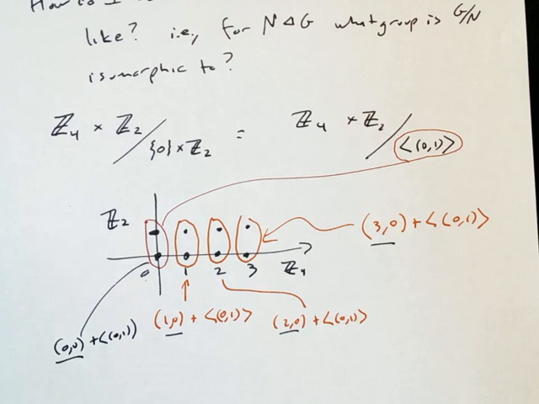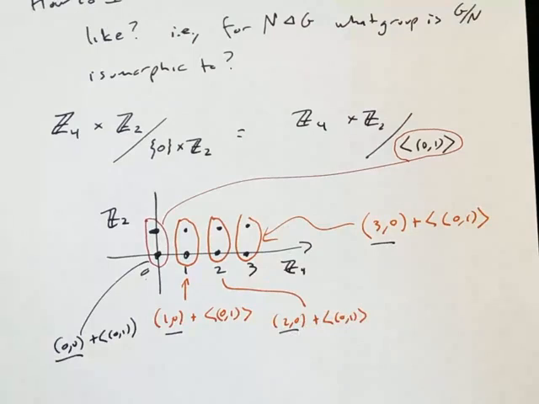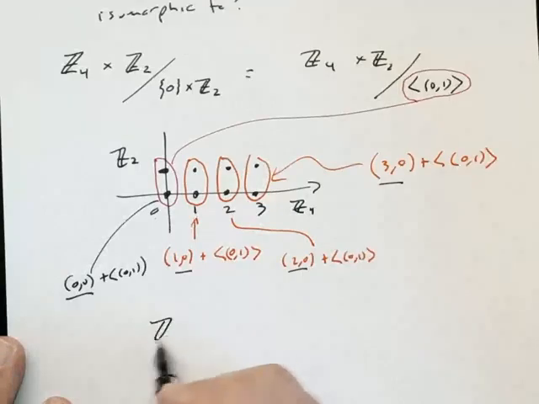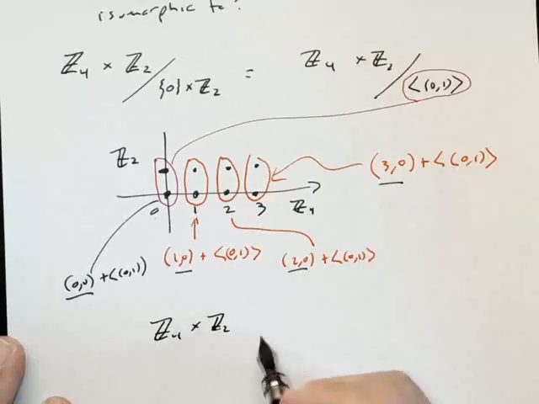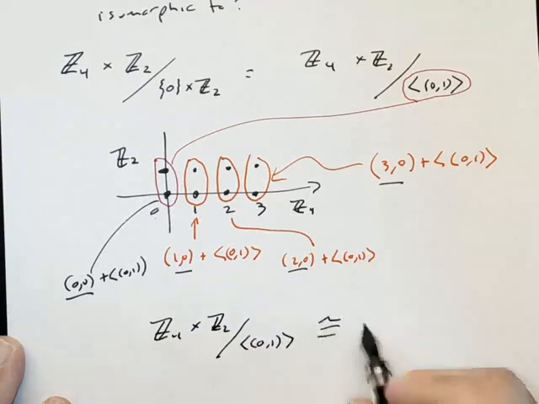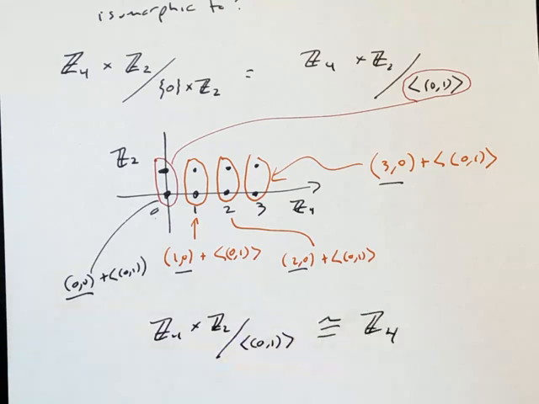Well, if I'm trying to do arithmetic in this group, Z4 by Z2, and all the Z2 parts are always 0, do they count? They really do anything? I'm always going to get comma 0, no matter what arithmetic I do with these four underlined things, right? Which means really all I have to pay attention to is the first number. Which means this group is isomorphic to Z4.